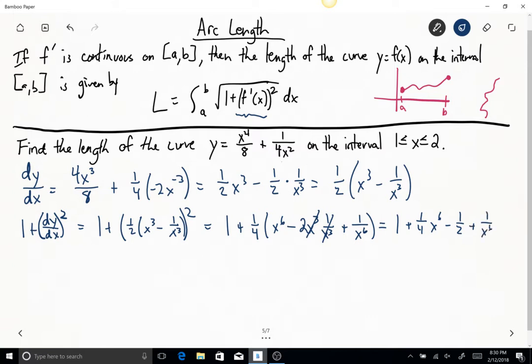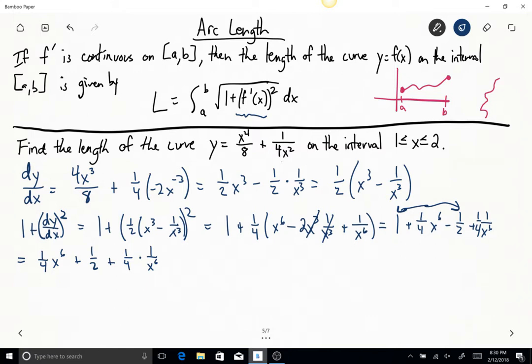No, 1/4 x to the 6th, sorry. But you can notice the 1 and the 1/2, these two things you can add together. So this thing equals 1/4 x to the 6th power plus 1/2, right? Plus 1/4, and then it's 1 over x to the 6th power.